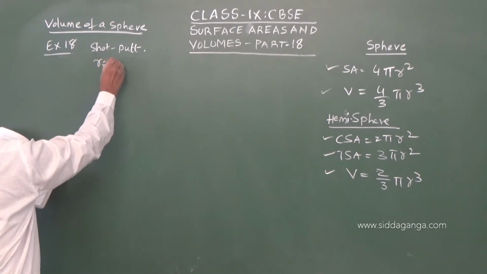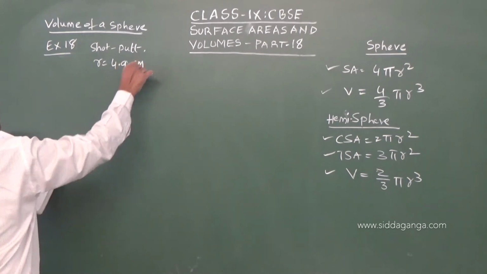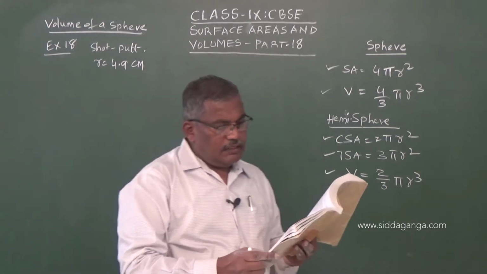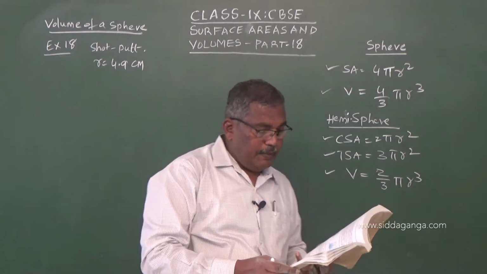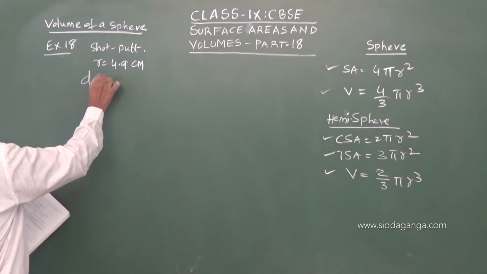Radius is equal to 4.9 centimeter. If the density of the metal is 7.8 gram per centimeter cube, so density is given here.